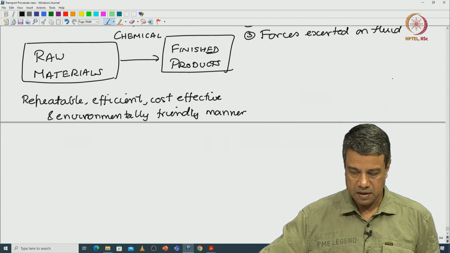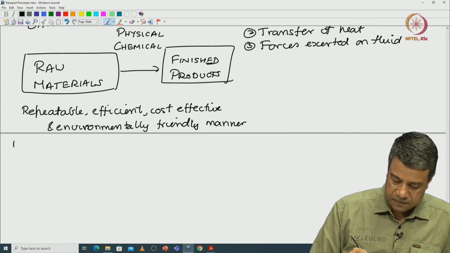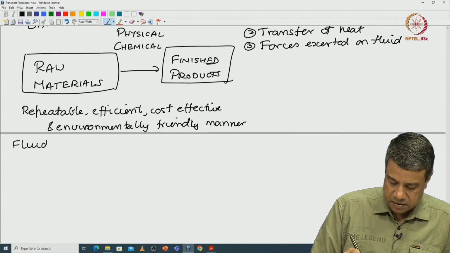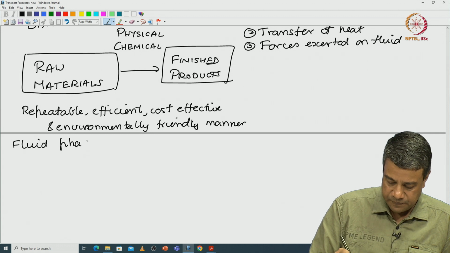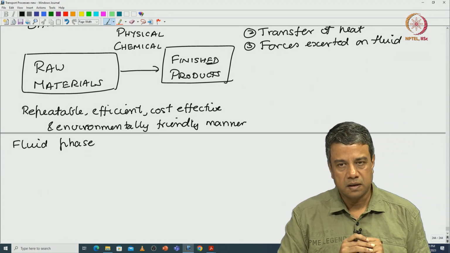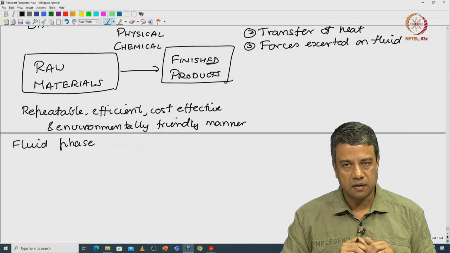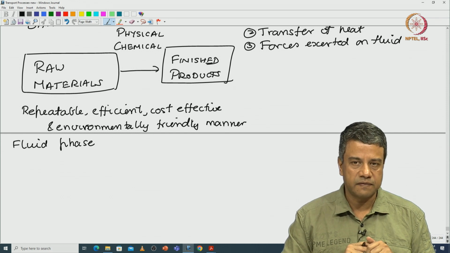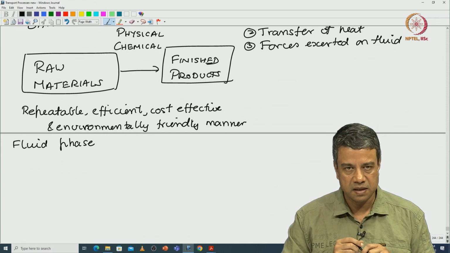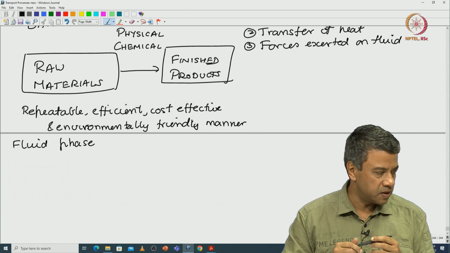We will study these processes first of all in the fluid phase. You know that all materials can be classified as solids, liquids, or gases. Liquids and gases together are what are called fluids.